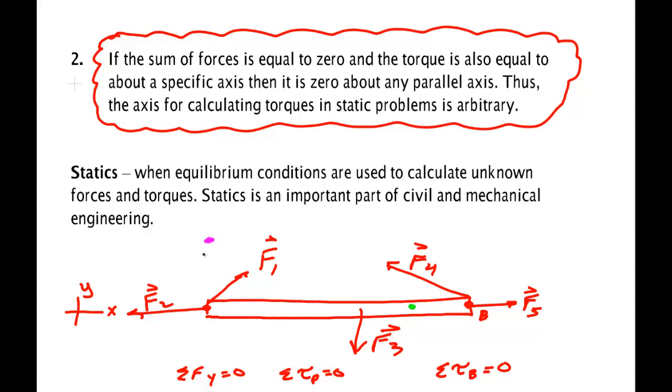So if you find it's 0 here, it's also going to be 0 there. It's also going to be there. Giancoli likes to say that the choice of the axis to calculate the torques is arbitrary.